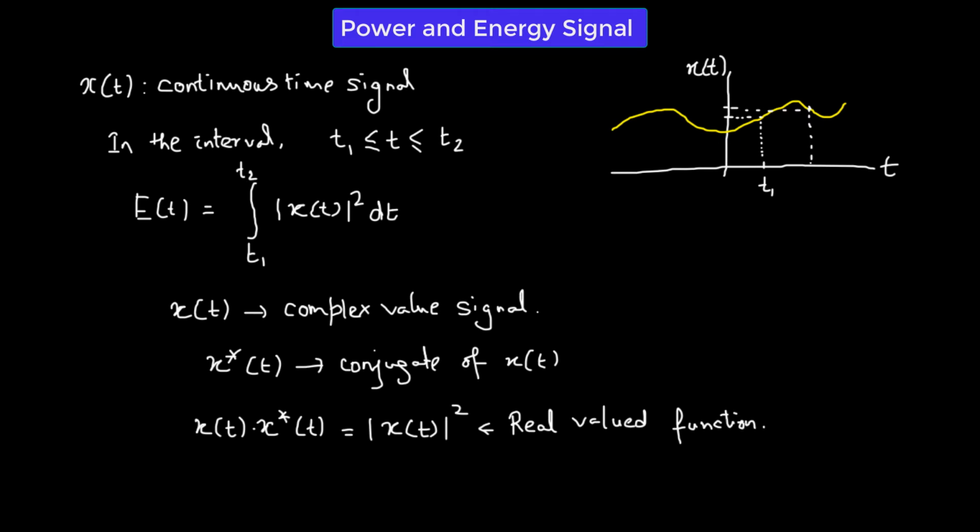So this is one primary reason why we take the square of the absolute value for finding the energy. We can also find the power of the signal. The power will be given by 1 over t2 minus t1, times the integration from t1 to t2 of the absolute value of the signal squared times dt. So this is going to be the average power.